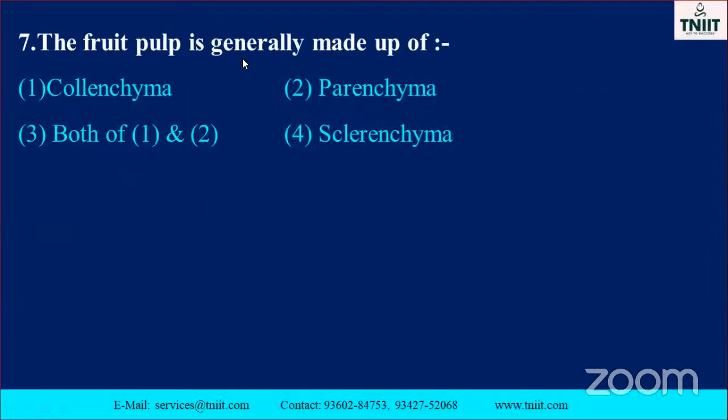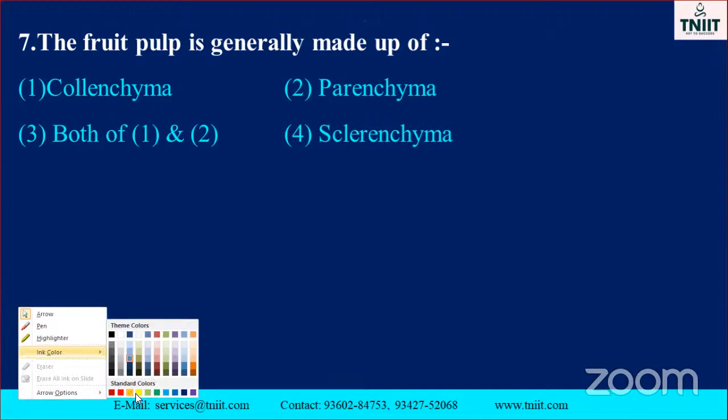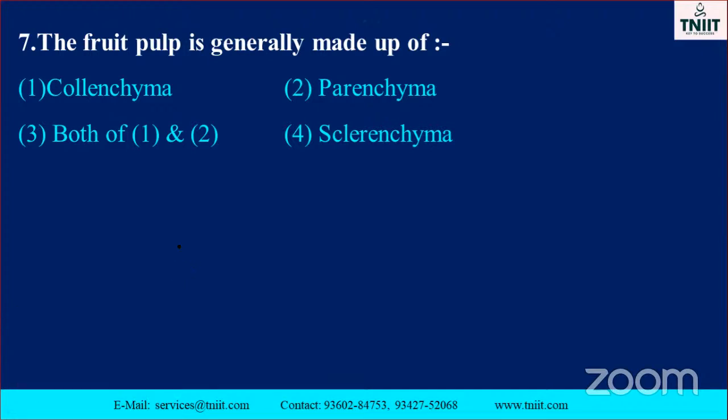The fruit pulp is generally made up of what? Fruit pulp means the part which we are consuming, that part is called pulp, isn't it? Take an example, any one of the fruits. Already told you so many times, collenchyma, parenchyma, sclerenchyma are all considered simple tissues, isn't it, my dear?